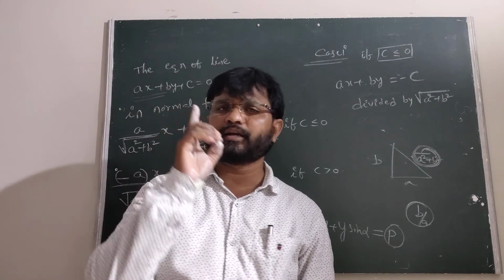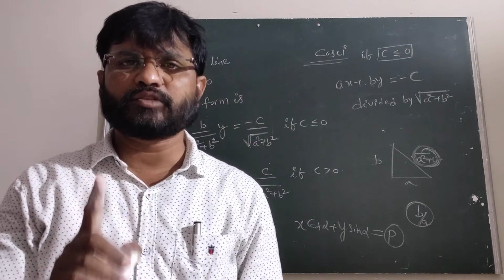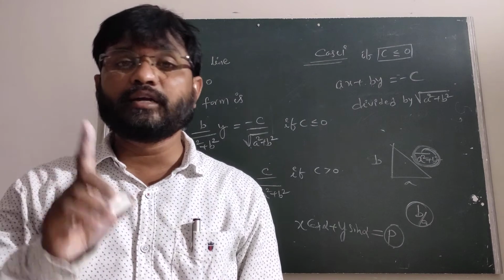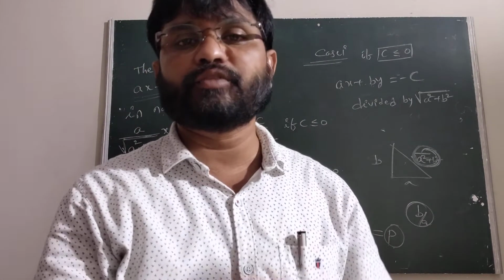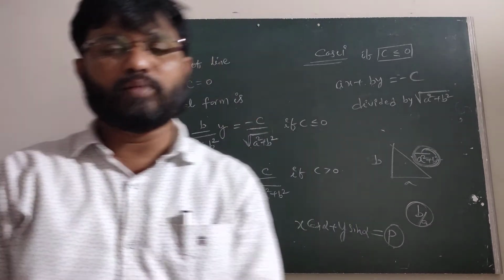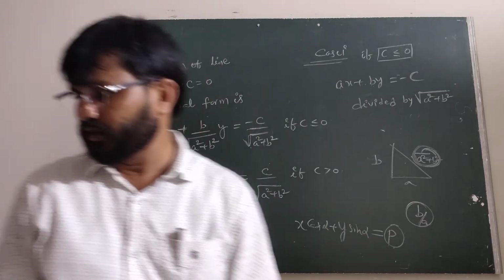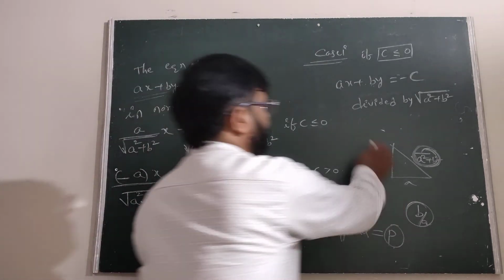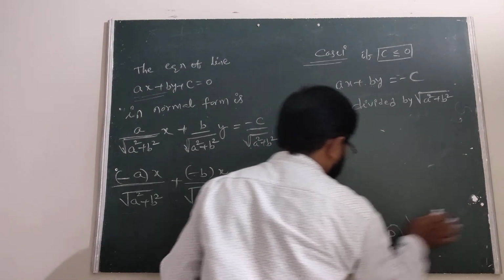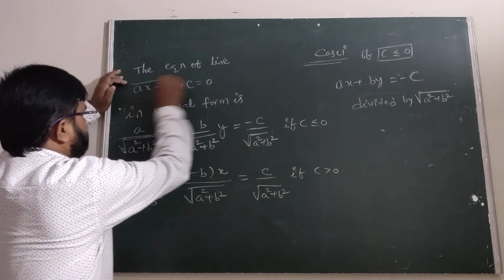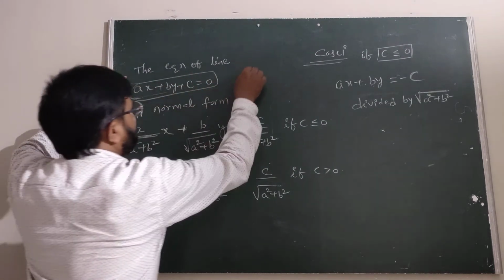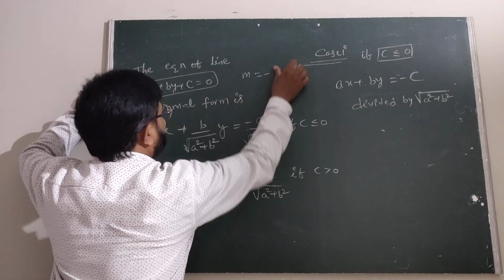Then when we divide by root of a square plus b square, it becomes x cos alpha plus y sin alpha equal to p. So here we are looking at how to write this. When we write the normal form, the slope is minus a by b.